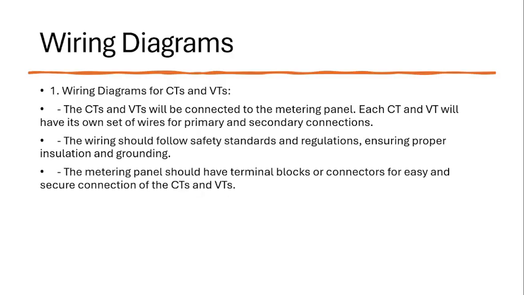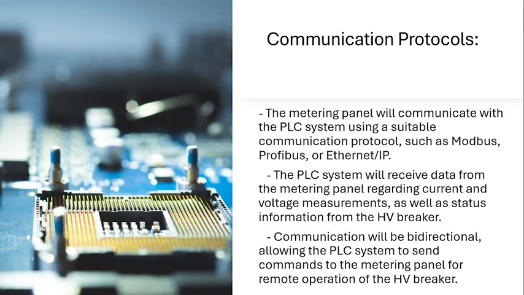For the wiring diagrams, the CTs and VTs will be connected directly to the metering panel, and each CT and VT will have its own set of wires for primary and secondary connections. The wiring should follow safety standards and regulations, ensuring proper insulation and grounding. The metering panel should have terminal blocks or connectors for easy and secure connection of the CTs and VTs.